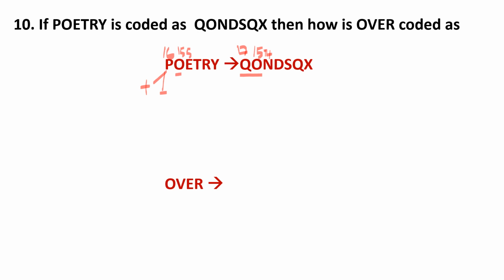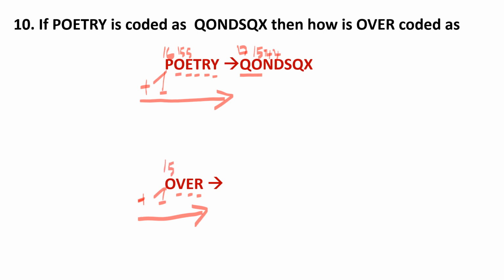Next E is 5. D is 4. 5 minus 1 is 4. So for every letter it should be minus from the left hand side. For only the first letter it is plus and minus. For every other letter it is minus, minus, minus from the left hand side.